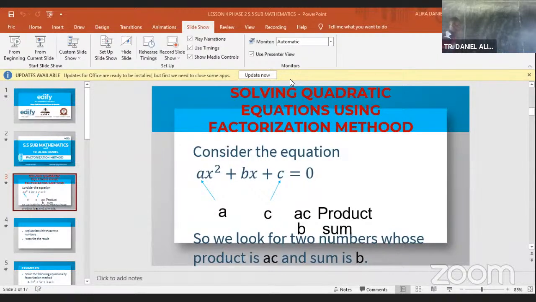So when you consider a quadratic equation which is given by ax squared plus bx plus c equals 0, are we able to see that?